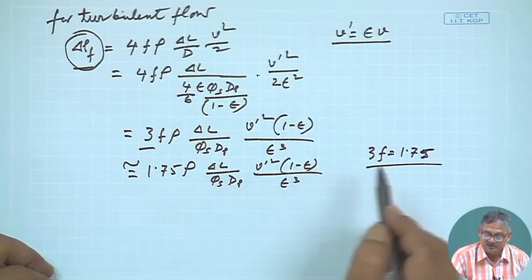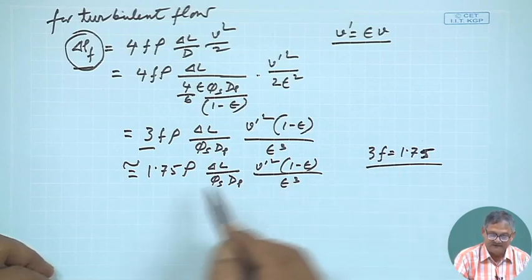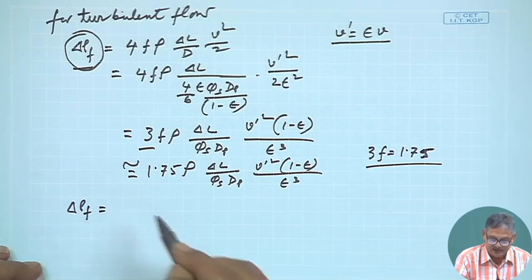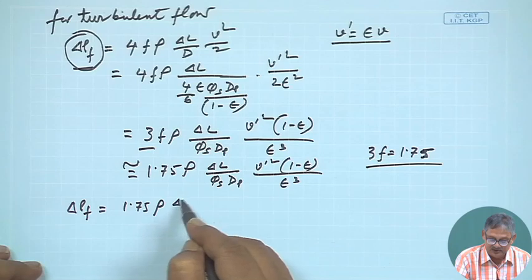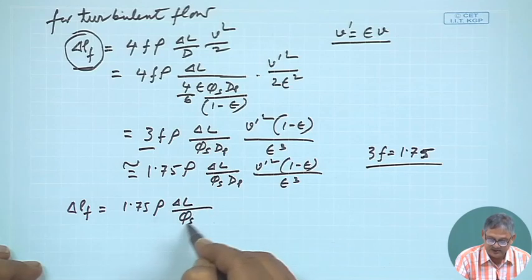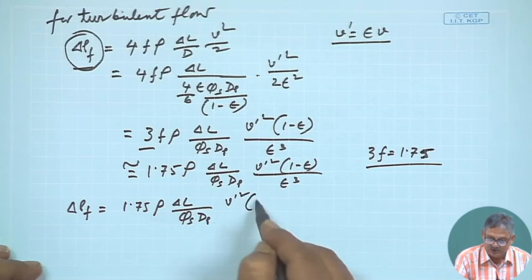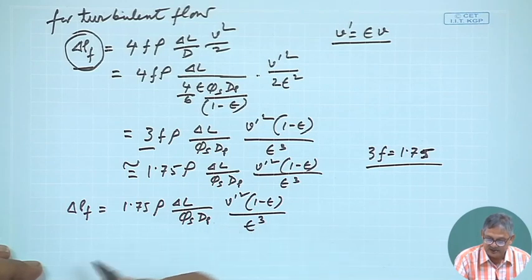Here we have substituted 3 f with 1.75, right. Then delta p f is equal to 1.75 rho delta L by phi s dp v prime square times 1 minus epsilon by epsilon cube, right.